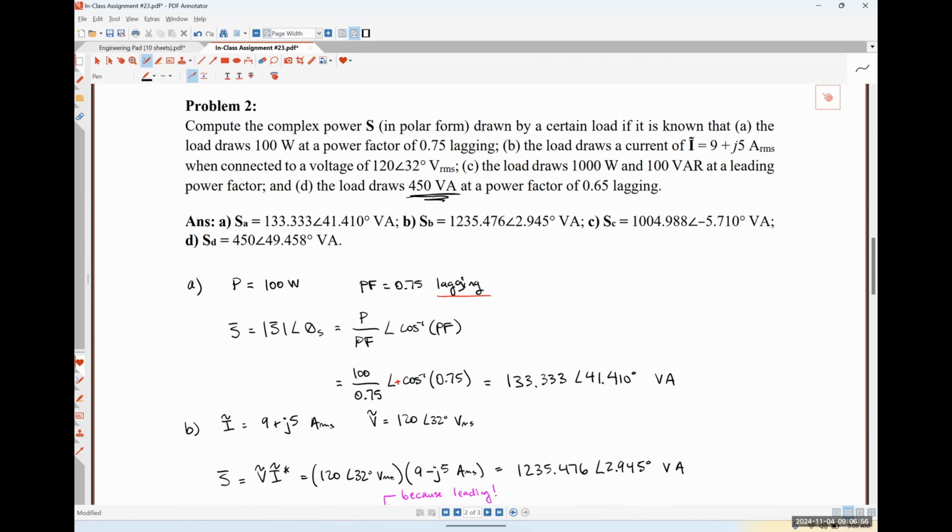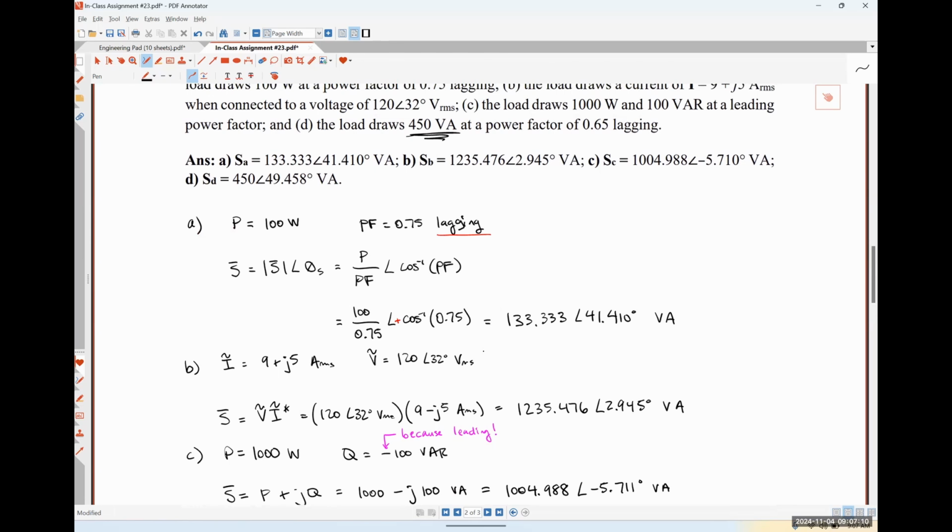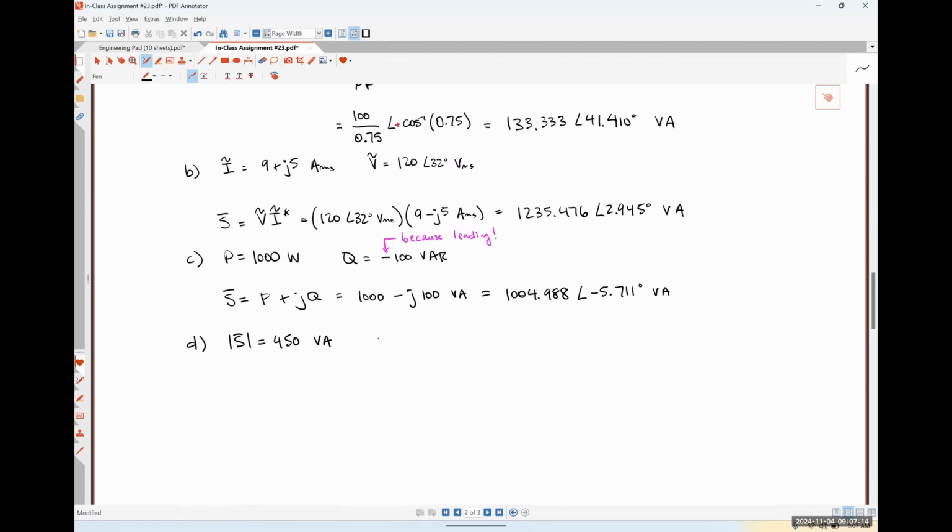That just says 450 VA, no phase angle. Apparent power. So our apparent power is 450 volt amperes, and our power factor is 0.65 lagging.